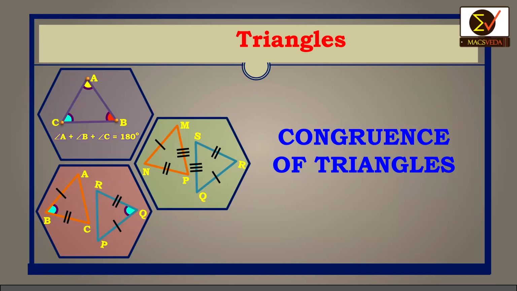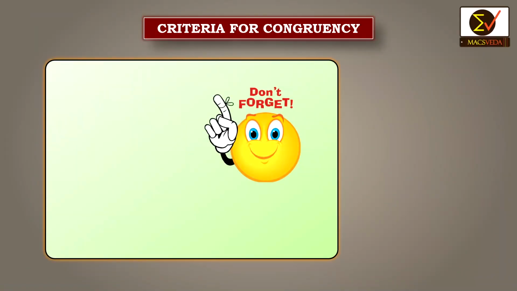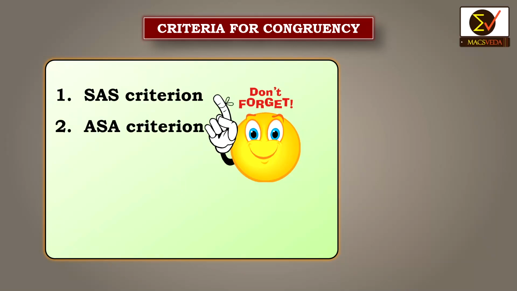In this session, let us discuss the criterion for congruence of triangles. Don't forget these 5 important criteria for congruency. The first one is SAS criterion, side angle side criterion. Second one is ASA criterion, that is angle side angle criterion.